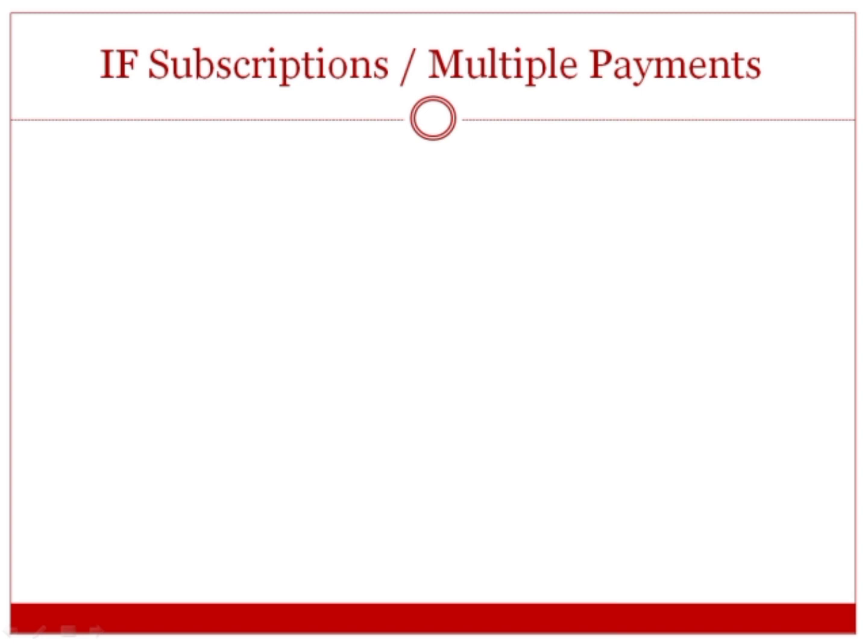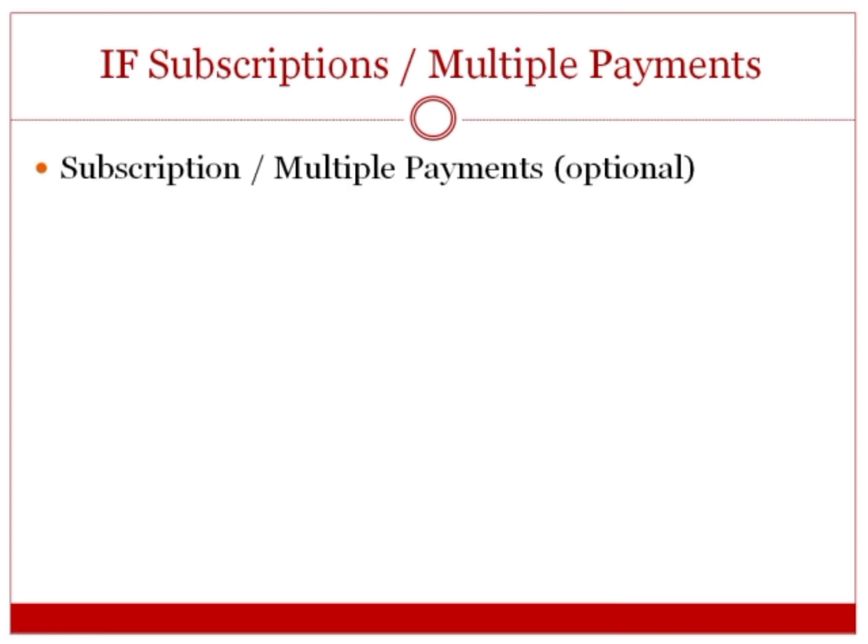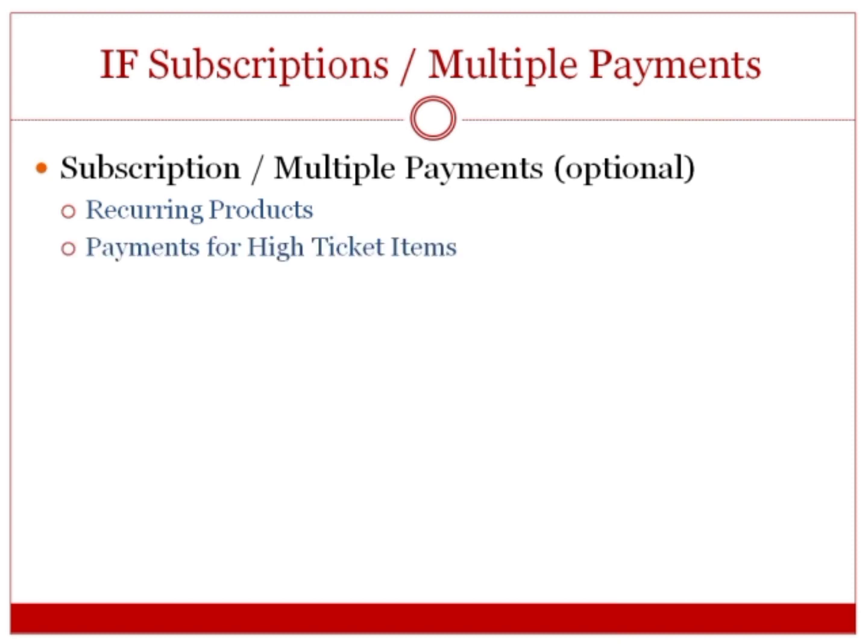Let's say you know that for a fact somebody's not going to pay $1,000 up front, but if they could afford it, they would pay $100 or $200 a month. That would be an option there. So if you go this route, this is an option. So it applies to recurring products and payments for high ticket items or low ticket items if your audience are unable to pay a certain amount.